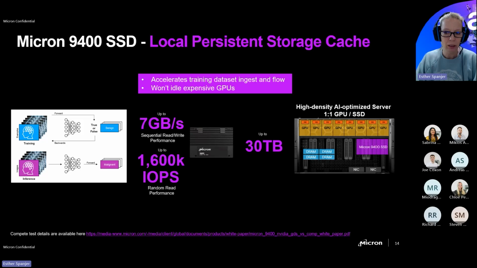Again, this is really meant more for the training part of the AI implementation, where you're trying to scan hundreds of thousands of images to build and train your AI model. So high performance, high capacity NVMe storage would be the right fit here.